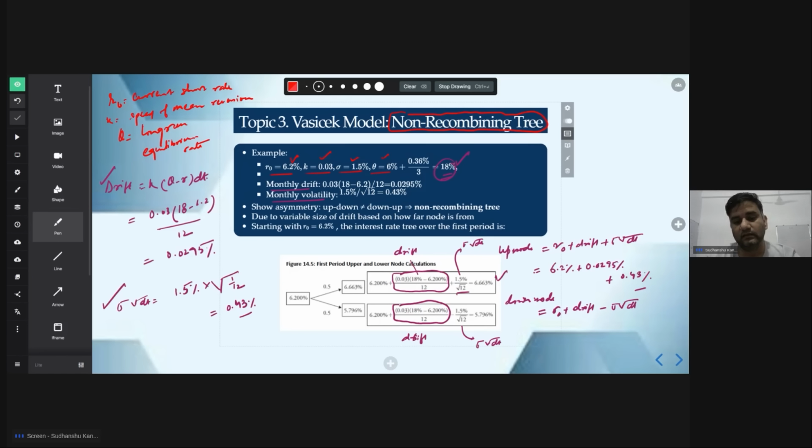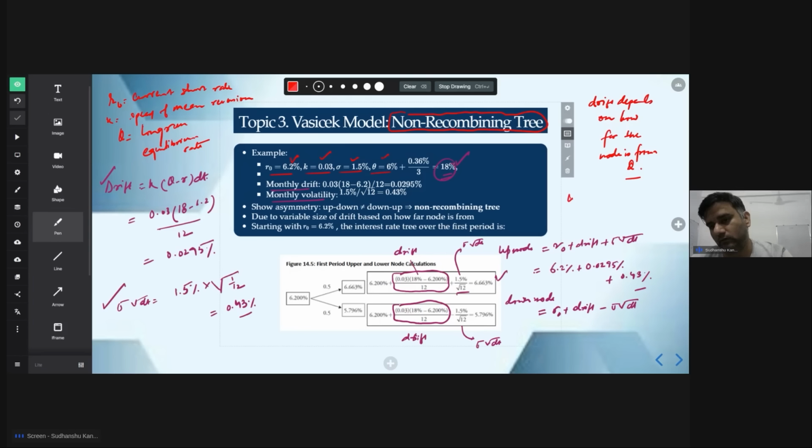In Vasicek, your drift depends on how far the node is from theta. Since that is the case, if you move up down, it is not equal to down up.